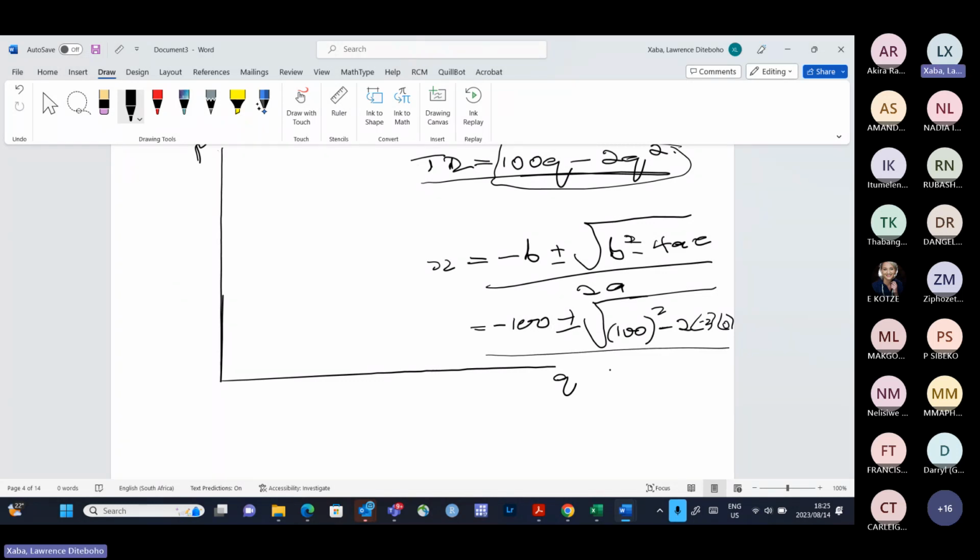Then divide by 2 times our a, which is negative 2.